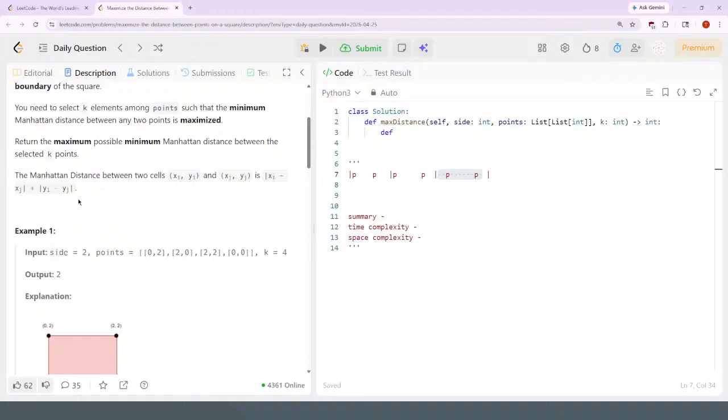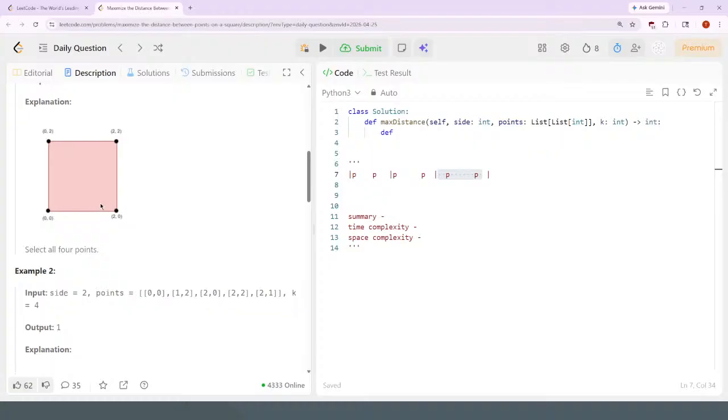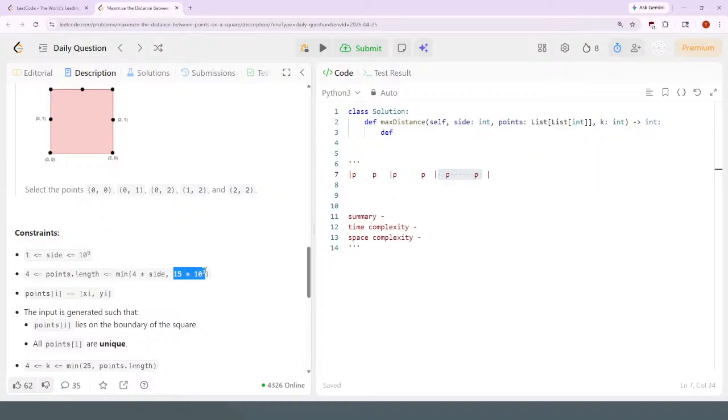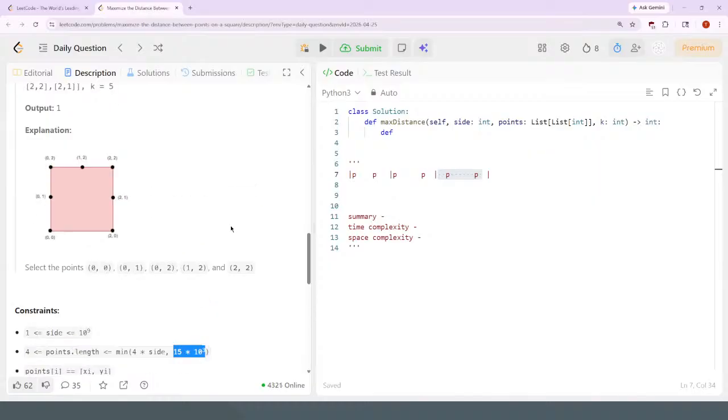Is it possible to make this a graph? Every point says 15, so in the worst case it'd be n squared. So it'd be 15 times 10 to the third, so 15,000 times 15,000.